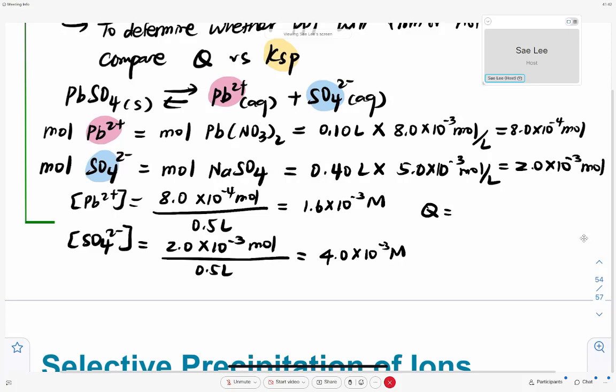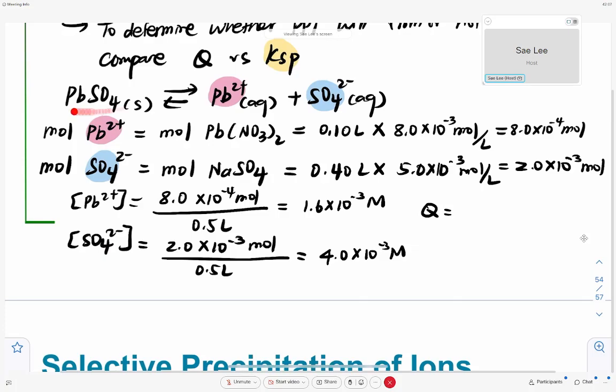Go ahead. Okay, so how do you find the reaction quotient Q? Reaction quotient Q is going to be product concentrations divided by reactant concentration, right? But the reactant is in solid form, so are you going to include that or no? No, right? So the reaction quotient Q is basically the concentration of lead times the concentration of sulfate. That's it.